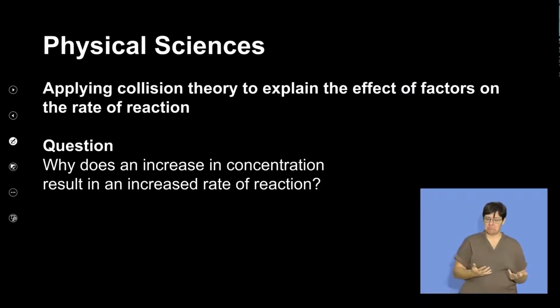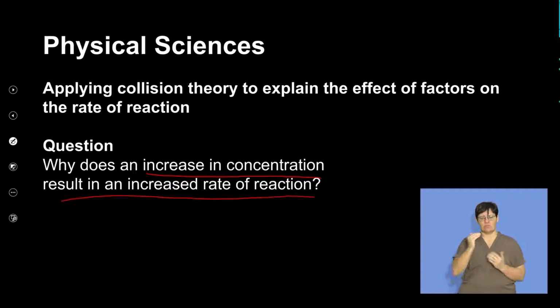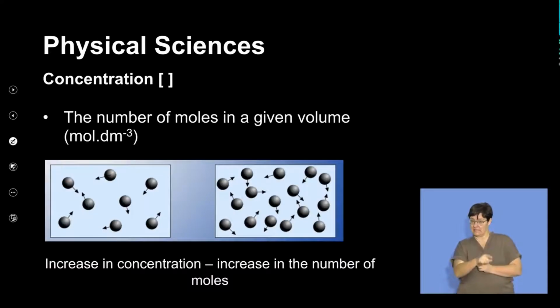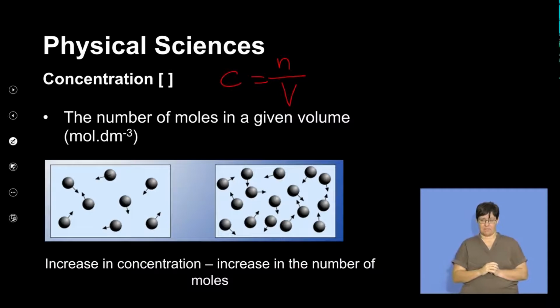How will an increase in concentration, why does that increase in concentration result in an increase of the rate of the reaction? Again, when we look at concentration, we should think of the following. Concentration is equal to the number of moles over a specific or a given volume.